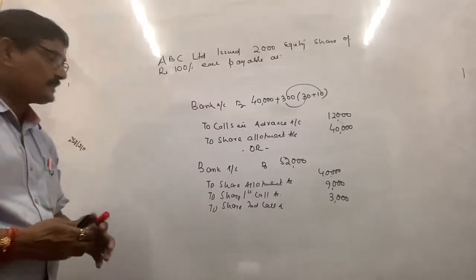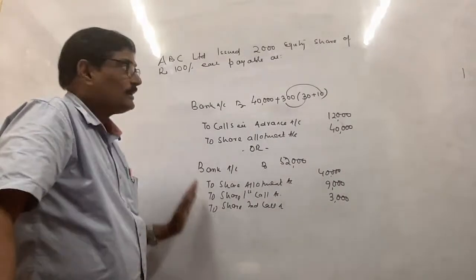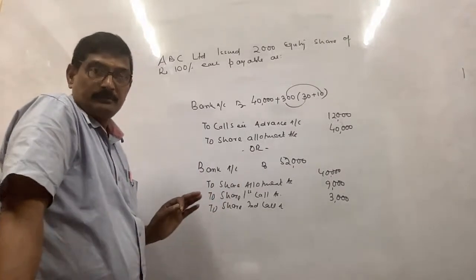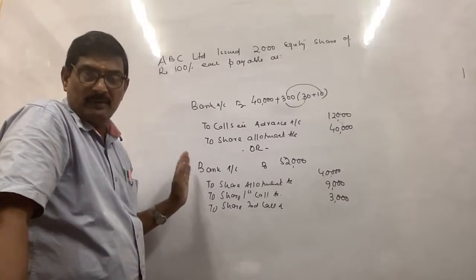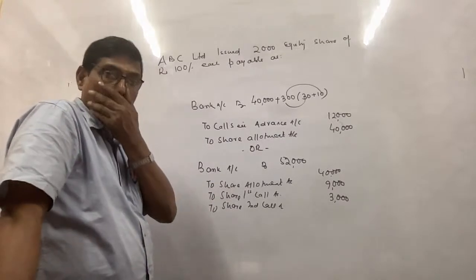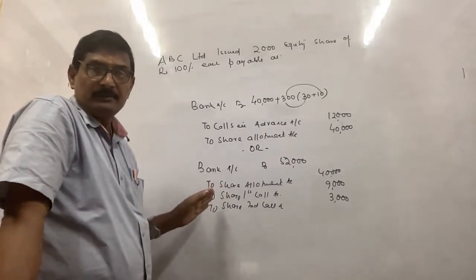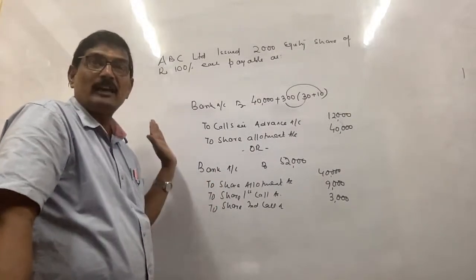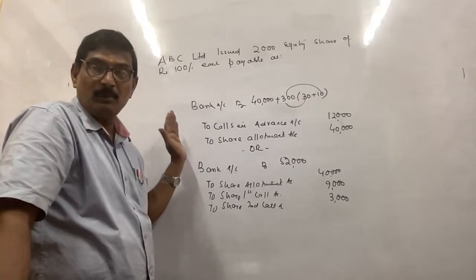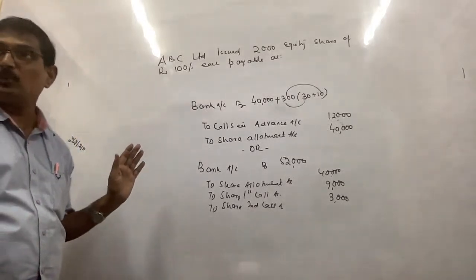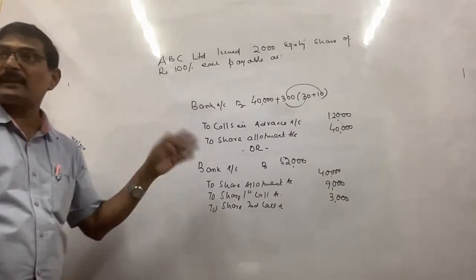And you have to do this only when it is given that calls in advance account is not to be opened. Is it clear? When calls in advance is received at the time of allotment, holder of 300 shares paid the call monies with allotment, first call and second call with allotment.